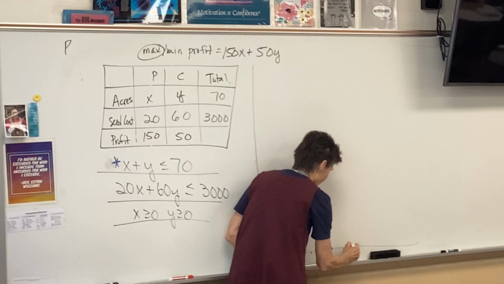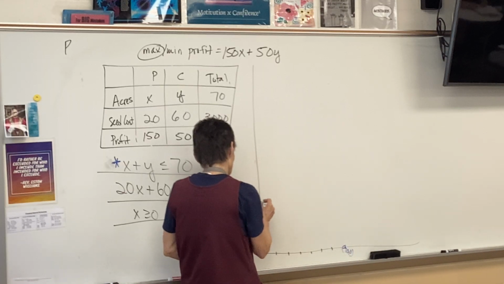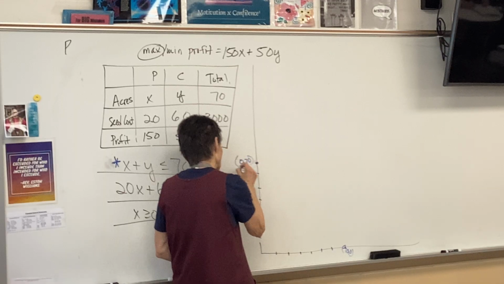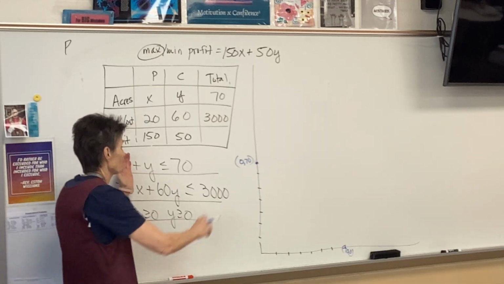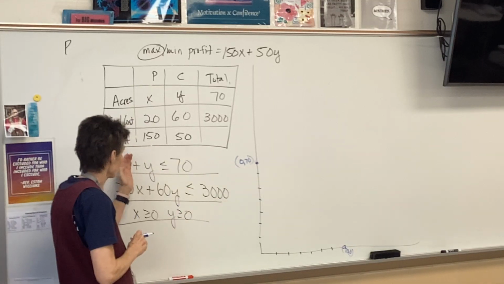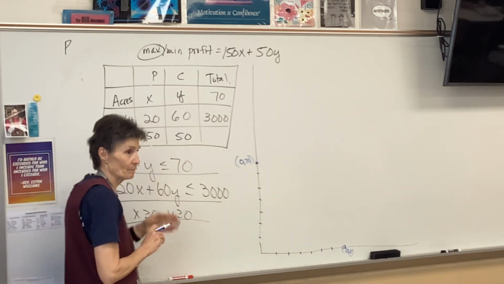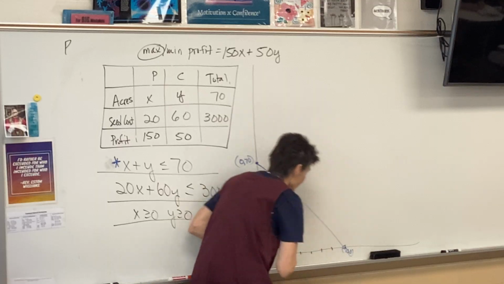Here's 70, comma 0. 1, 2, 3, 4, 5, 6. Here's 0, comma 70. So I'm letting X be 0, Y then is 70. I'm letting Y be 0, X is 70. And I'm gonna connect them with as straight a line as I can.